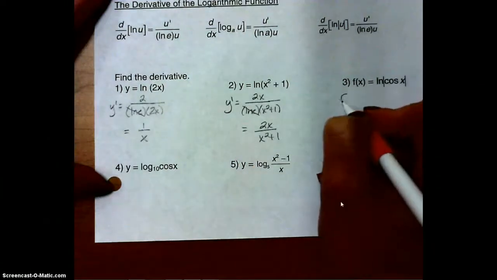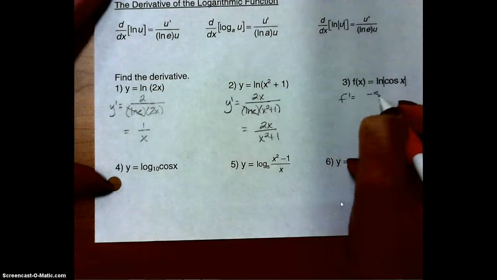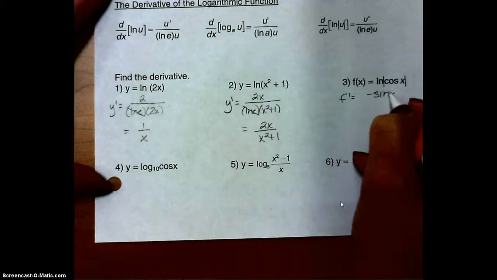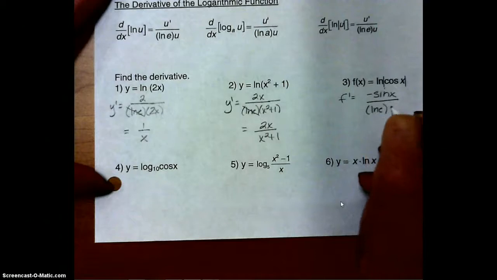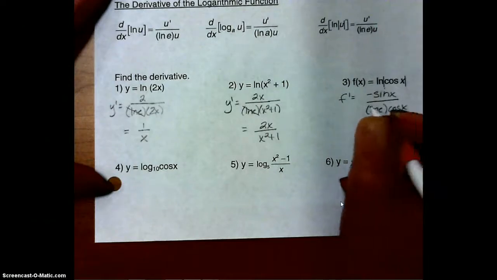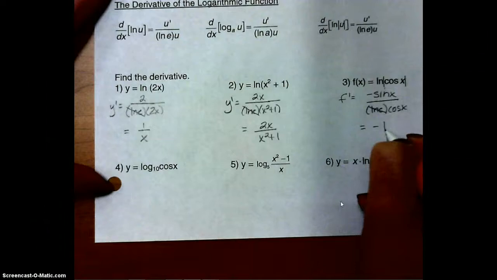Here, the derivative of cosine is negative sine divided by the natural log of e and then u. Negative sine over cosine is negative tangent x.